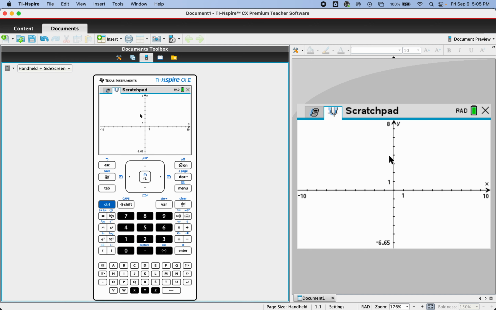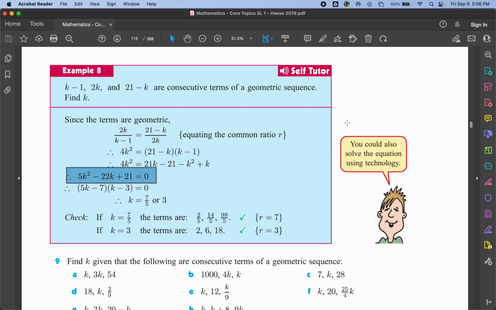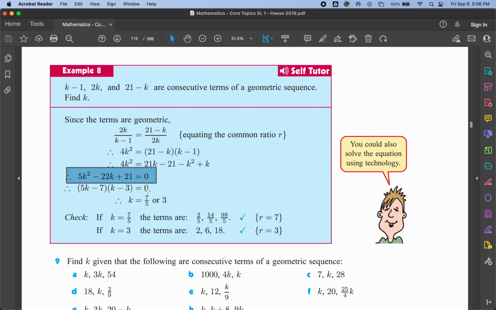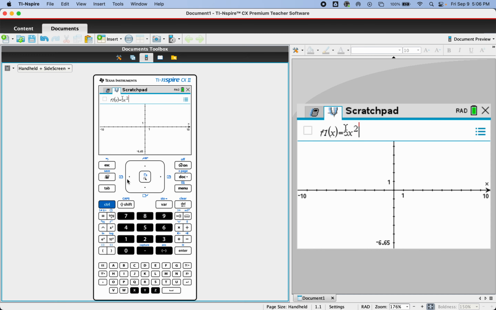If I'm on the graph page, you can push tab and that will take you to the formula entry part of the screen. Our equation again was 5x squared, so I'll just type in 5x, the shortcut for squared is right here next to the 4, minus 22x plus 21.